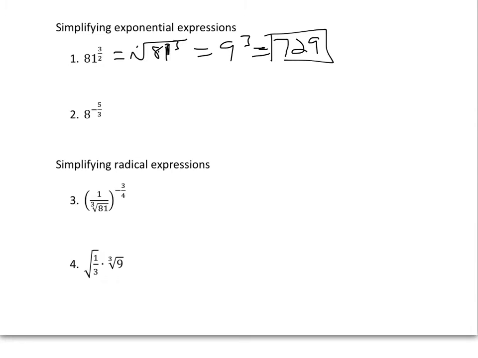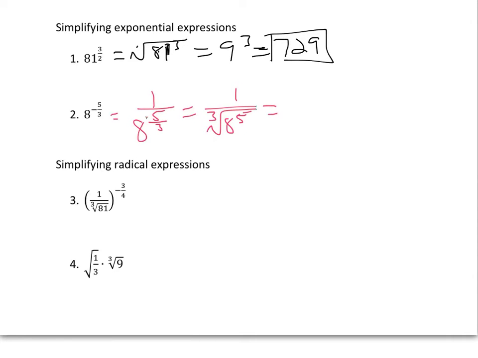Okay, so for number 2, same concept, but since we have a negative exponent, it's going to be 1 over 8 to the 5/3. Okay, that should be an exponent. I can draw my 8 bigger. There we go. So this is 1 over cube root of 8 to the 5th. Once again, you could do this all in your calculator, but I'm going to show you a non-calculator way to do it. You could literally do this problem in your head.